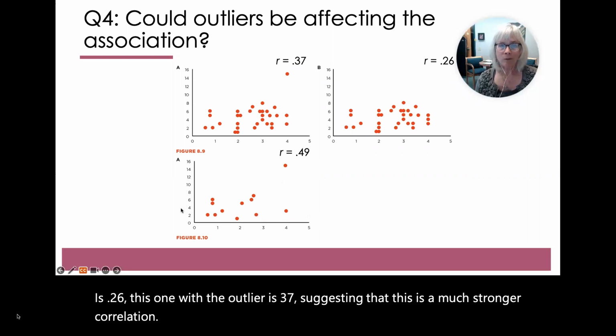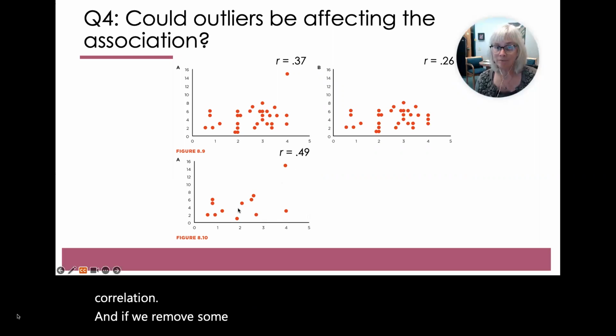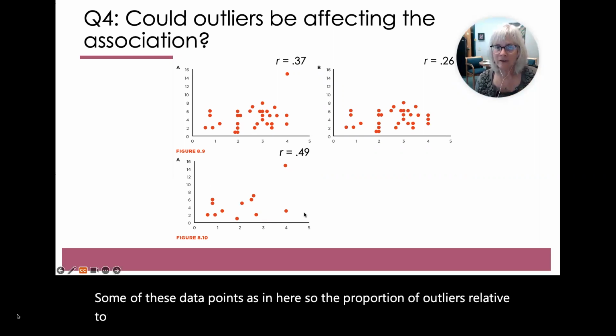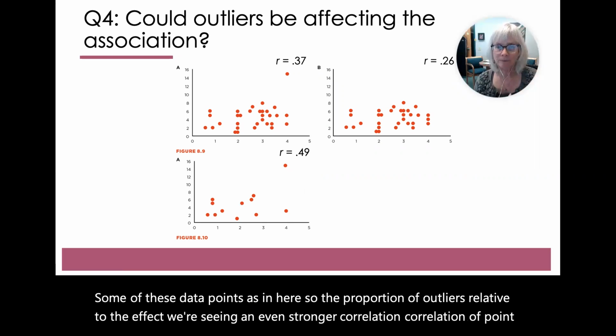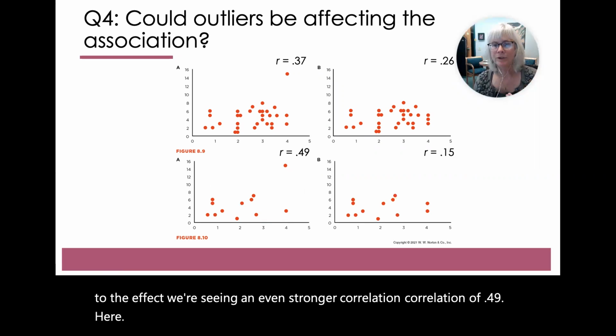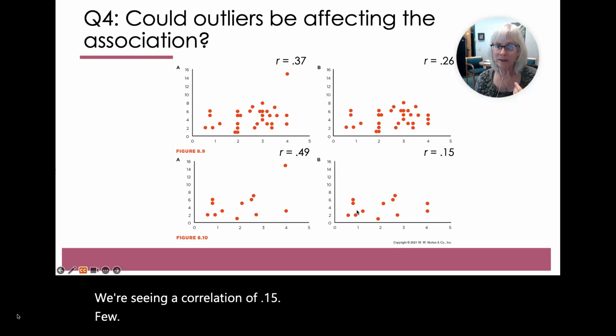And if we remove some of these data points, as in here, so the proportion of outliers relative to the effect, we're seeing an even stronger correlation of 0.49. Here, we're seeing a correlation of 0.15. Few data points and no outliers.